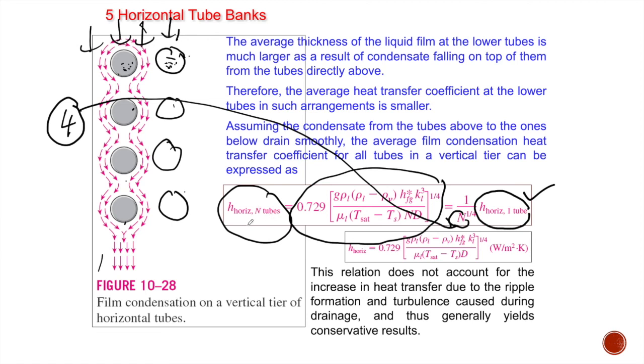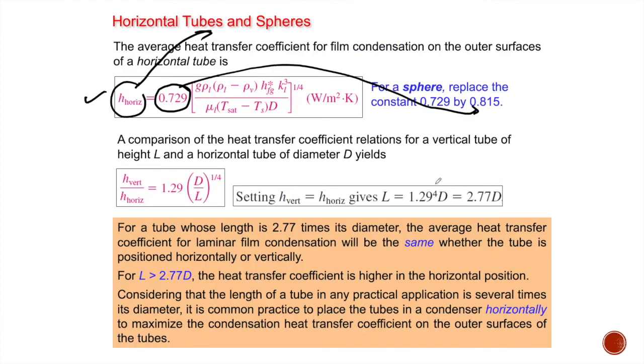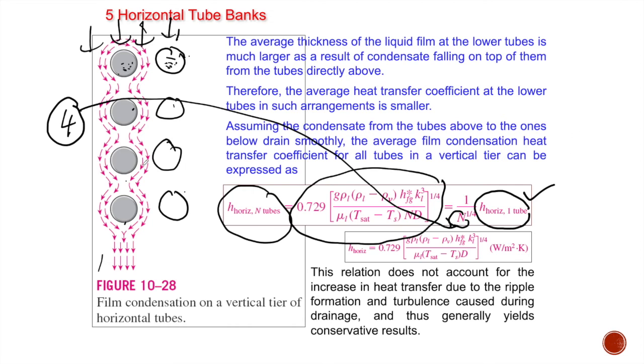Or maybe you want to do it step by step: find H horizontal for one tube using this equation, then find the number of tubes in a row, substitute into this, and multiply both of these values, then you will get H horizontal for the tube bank. Okay, so that is the horizontal tube bank.